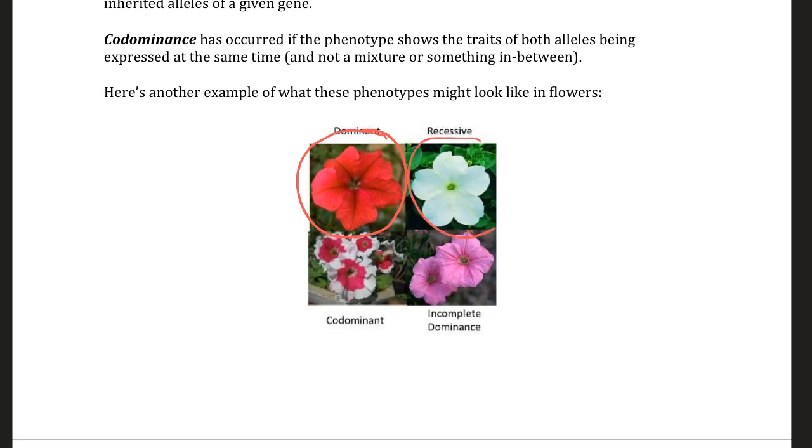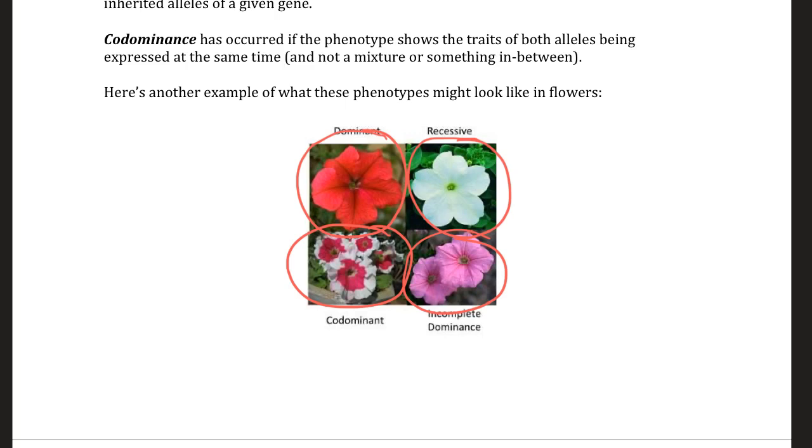White color is recessive. What happens when you mix them together, if that is a codominant relationship, then you'll see both of them being expressed at the same time. So you'll see red and white being expressed. With incomplete dominance, you will see a mixture of red and white, which makes pink in this case. Okay, so that's a good example.